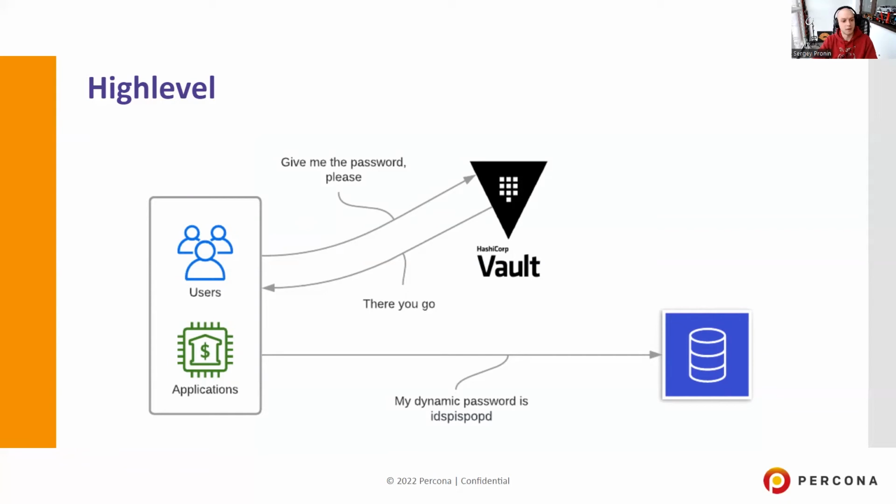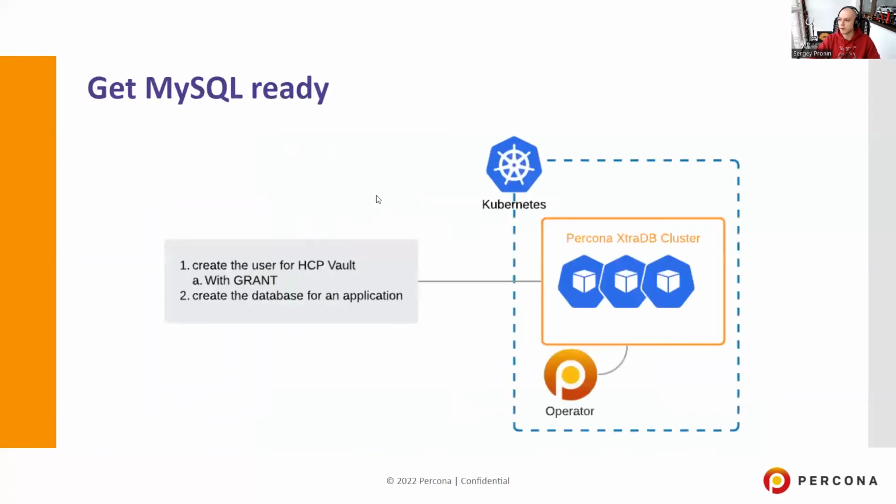And the idea here is you go to the Vault, ask nicely for credentials, you get them, and then you connect to the database. Looks simple, but in reality, something else is happening in the backend, right? And today we're going to talk about it.